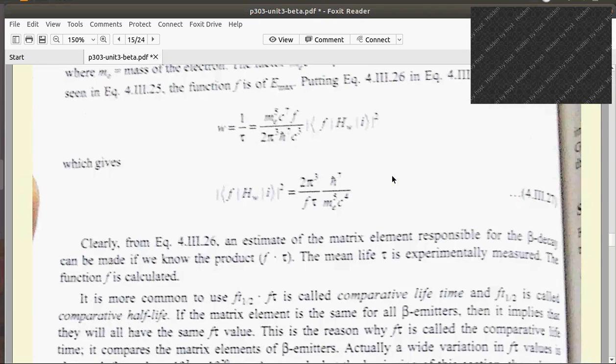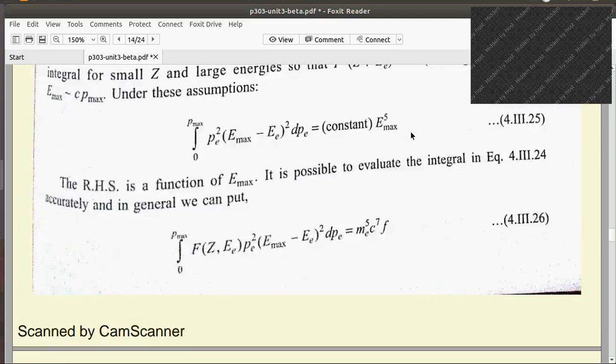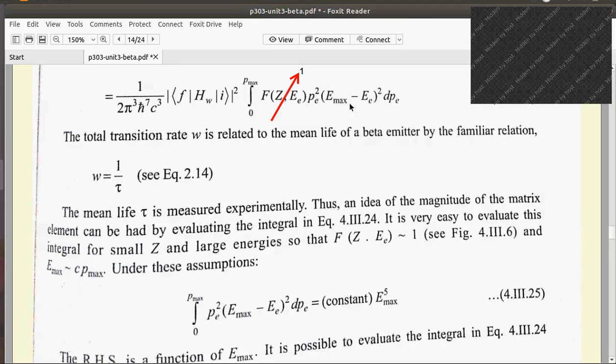Here it is a bit blurred, so what we are doing is we will substitute this value of the integration in here. So we'll get some constant times f |H_wI| equal to 1 by tau.